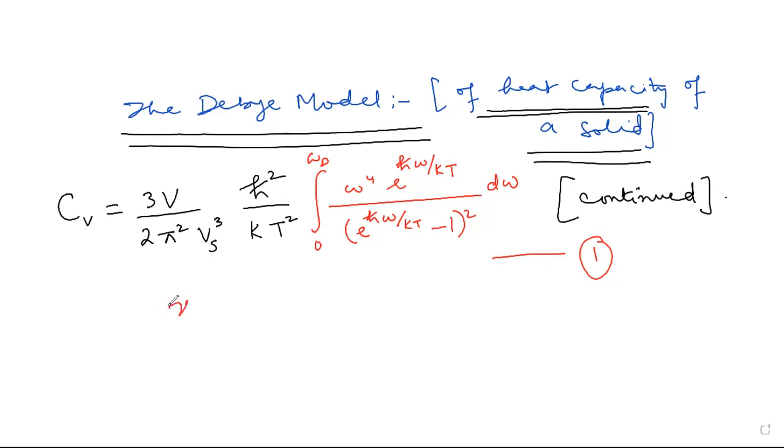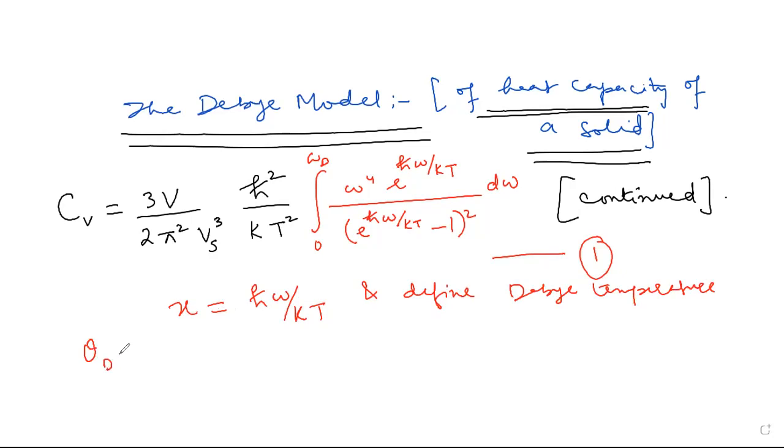So what we do, we take another variable x equal to h cross omega by kT, and we define a Debye temperature theta d as k theta d equal to h cross omega d.